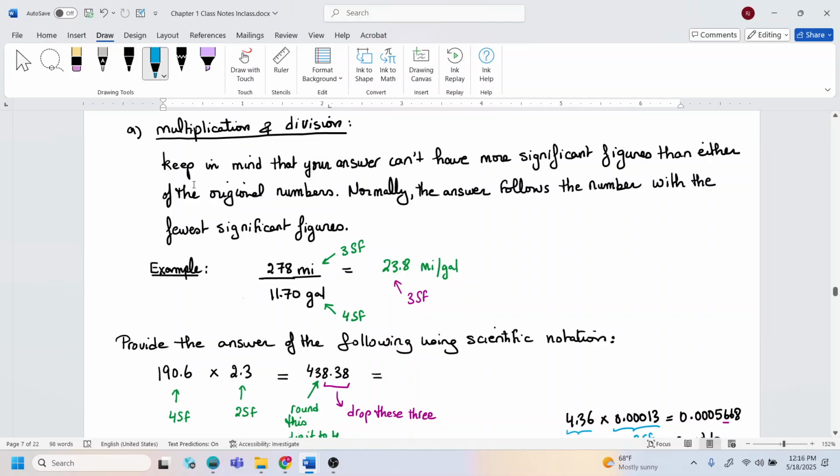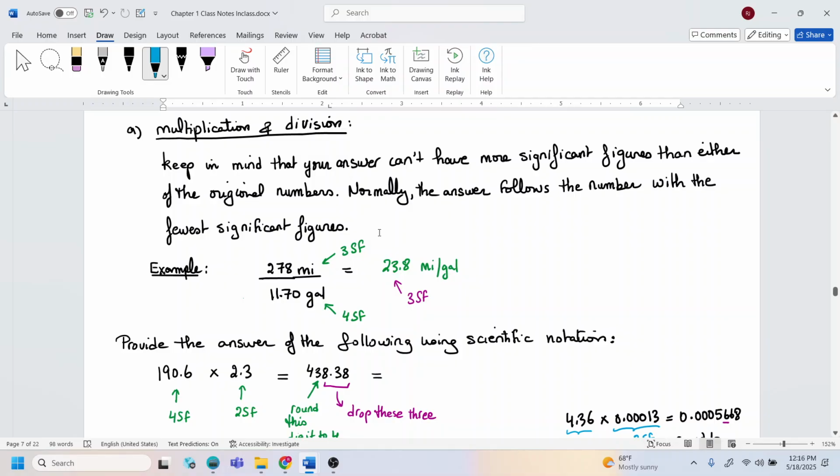So for multiplication and division, you're going to look at both numbers that you are working with and see which one has less significant figures. So the one that has less significant figures is simply what your answer is going to follow, because your answer cannot be more accurate than or more precise than the least significant figure number.